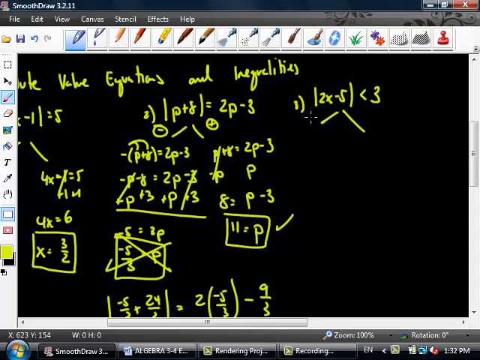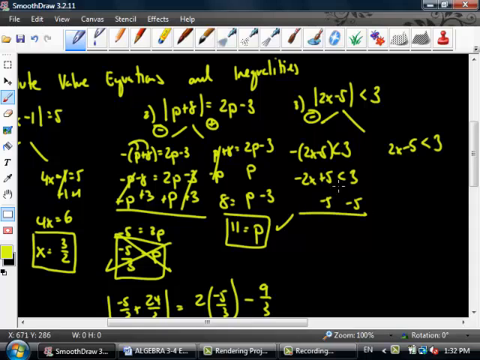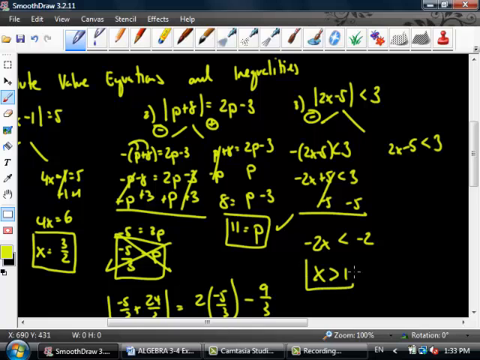Negative version here is negative quantity 2x minus 5 is less than 3. And then 2x minus 5 is less than 3. So I get negative 2x plus 5 is less than 3. Negative 2x is less than negative 2, so x is greater than 1.